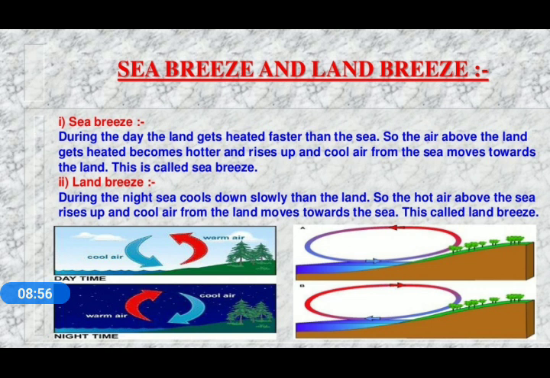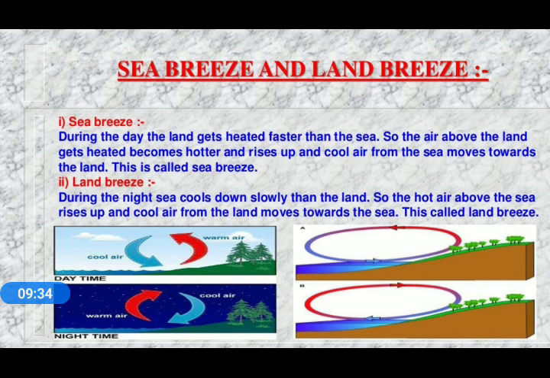Now you can see in the second picture of the slide, in night time the reverse happens. As mentioned, at night the sea cools down slowly and the land cools down very fast. So warm air from the sea rises up, and to take its place, the cool air comes from the land. The warm air is represented by the red arrow and the cool air by the blue arrow in the second picture.